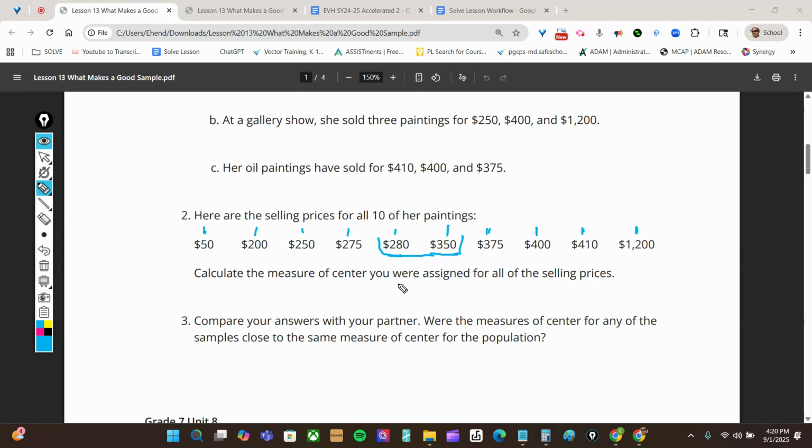All right, so let's do 280 plus 350 divided by 2. And that is going to give us what? 280 and 350 divided by 2.